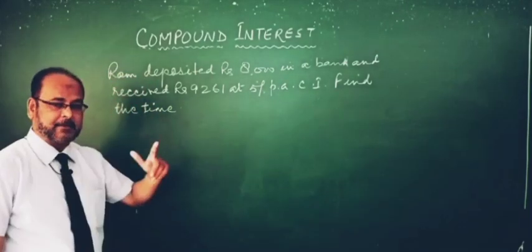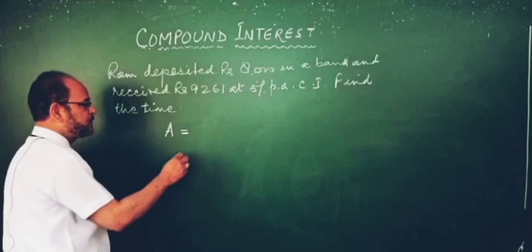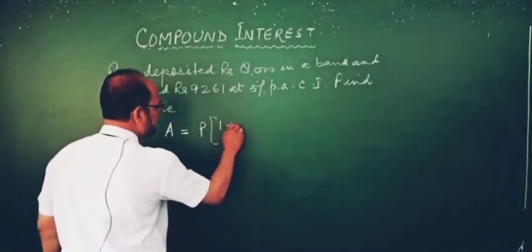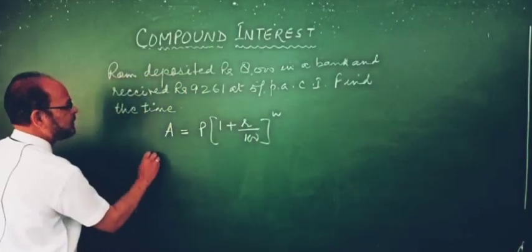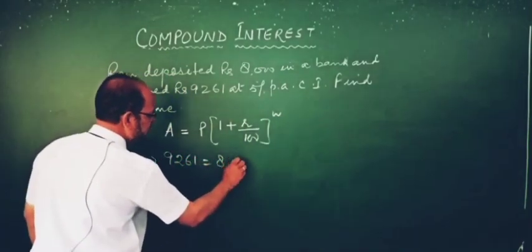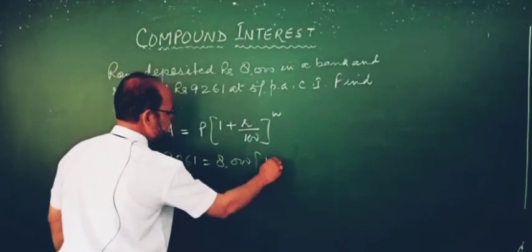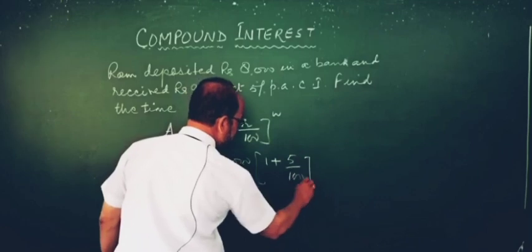Find the time. So we will start with the formula of amount. Amount equals to principal 1 plus r upon 100 to the power n. Here amount is 9261, principal is 8,000, rate is 5% and time is not given.